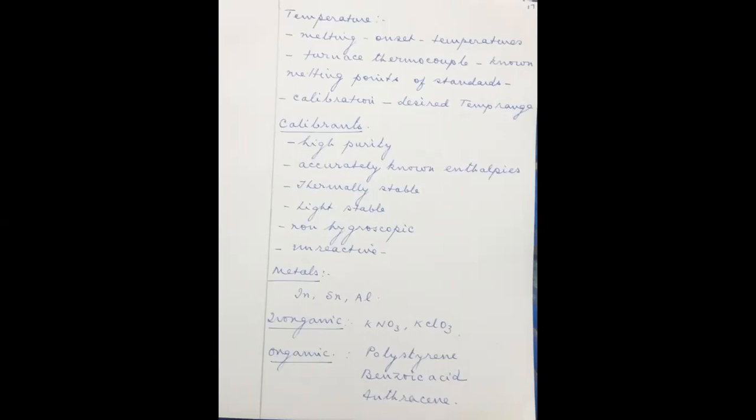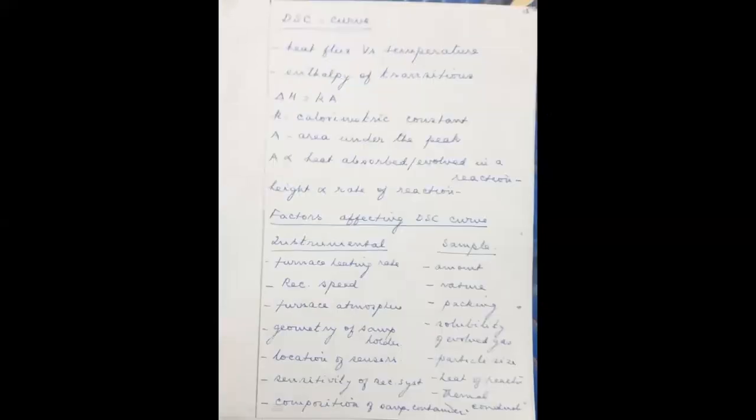Among organic substances, polystyrene, benzoic acid and anthracene are the substances that could be taken. So I have told you the important characteristics, and also given you some examples in metals, inorganic substances and organic substances.